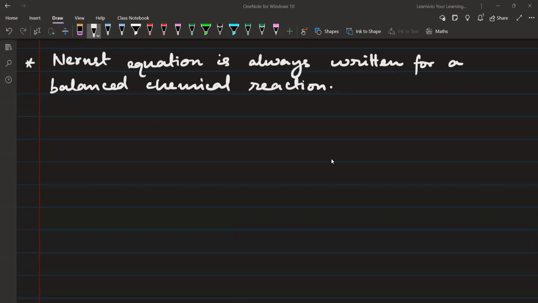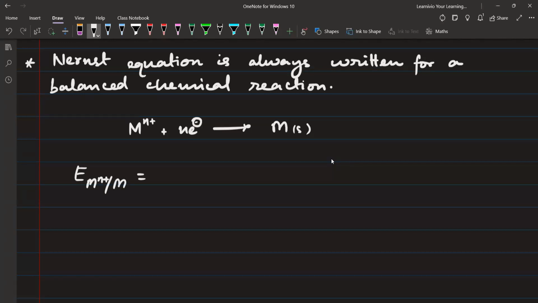First of all, let's see if you are having a cathode half cell, then what's going to happen? You'll have M n positive plus n electrons, it will give you metal solid. If you're having this, then you will write the Nernst equation for this one. The Nernst equation will be E of this particular reaction, that is M n positive to M, is equal to E naught of the same thing, E naught of M n positive to metal, minus RT upon nF ln Q, right?